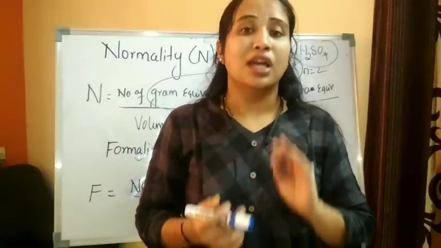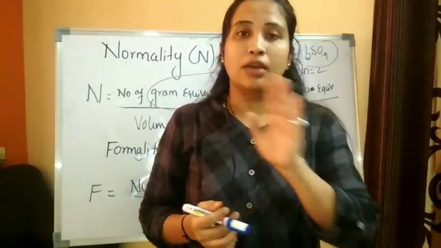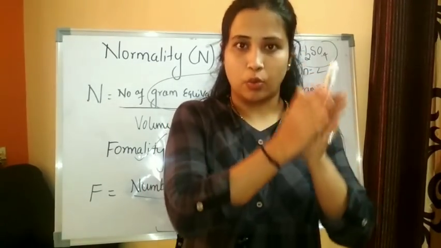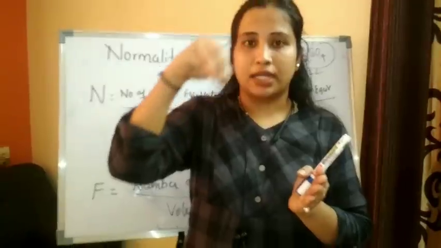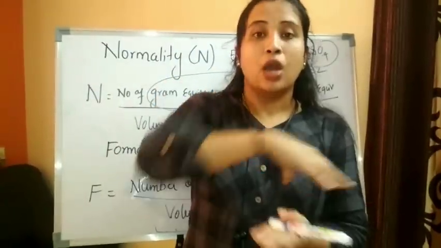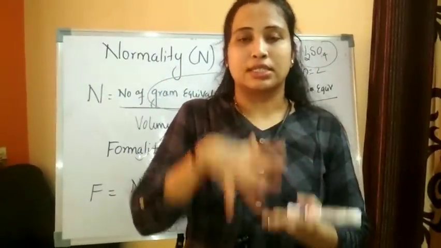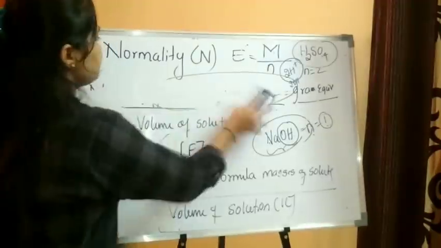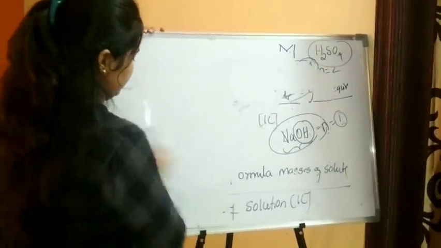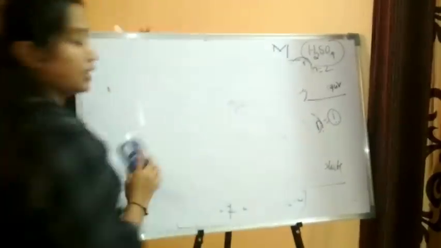That is what we are going to call a mole fraction. Mole and fraction: the fraction of the solute particles that are present in the overall solution is nothing but the mole fraction, so that we can represent it very easily. See here, for example.